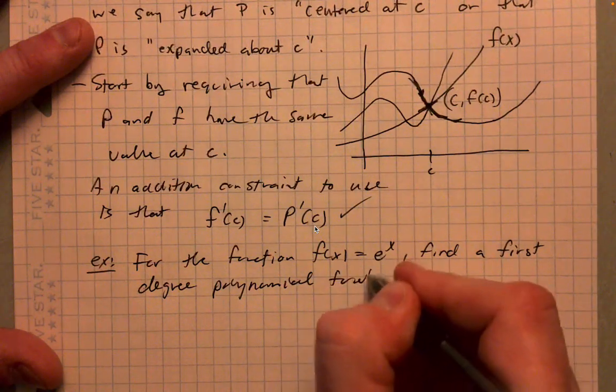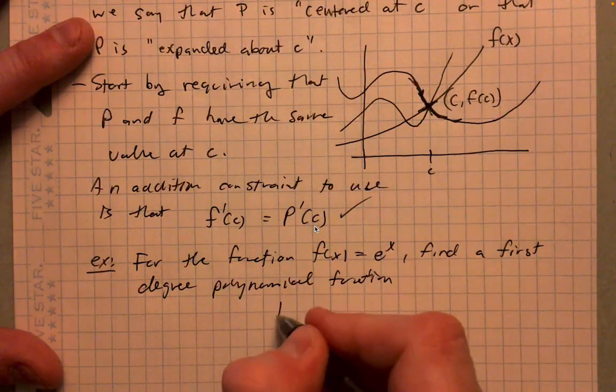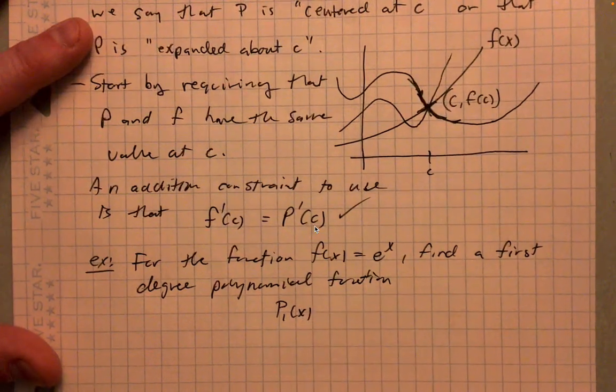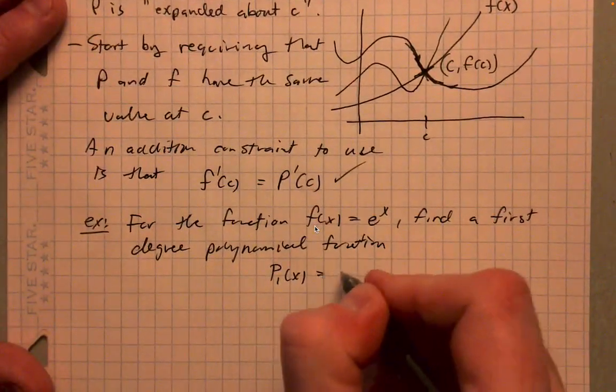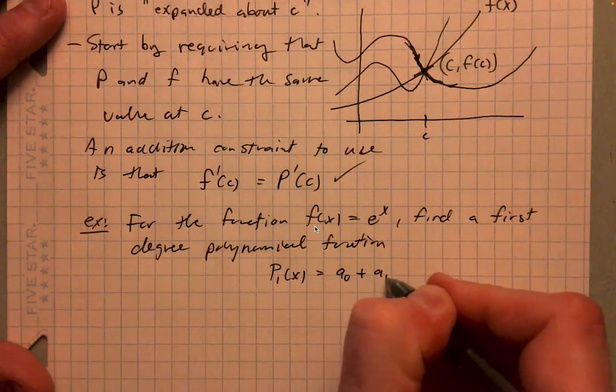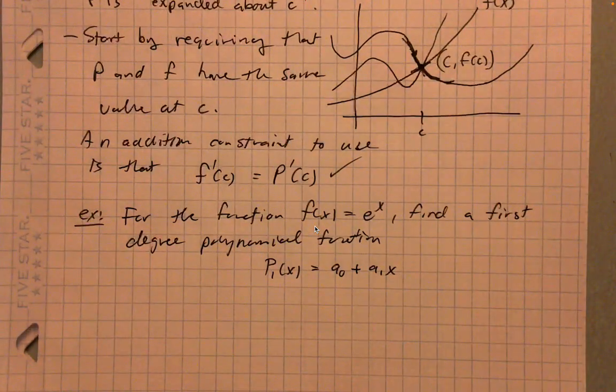function, and the form there is going to be p1 of x. We're going to call it p1, and it's going to have the form a0 plus a1 of x. All first degree polynomials will have this form.